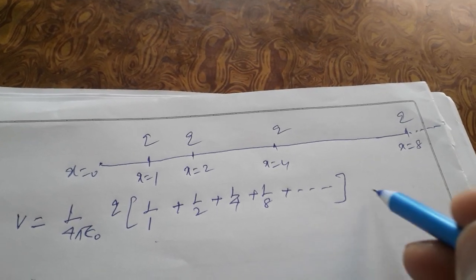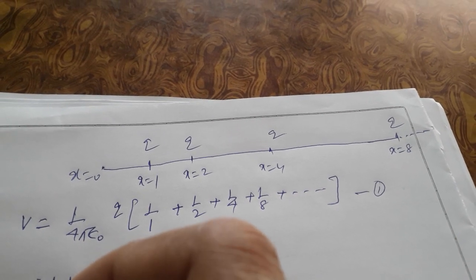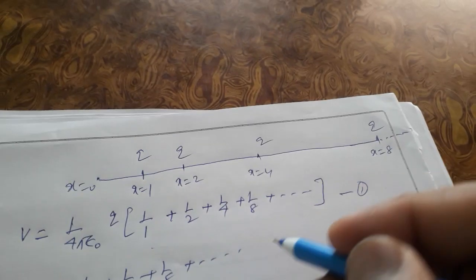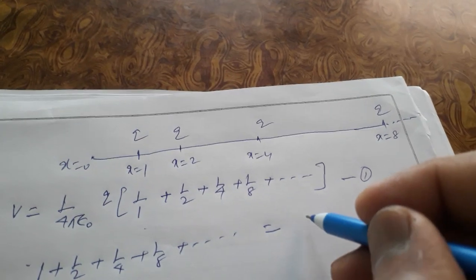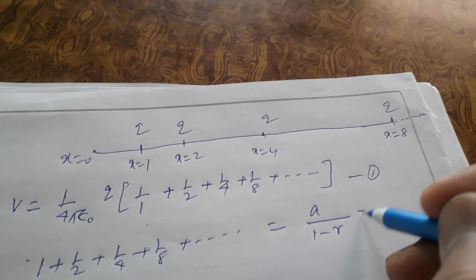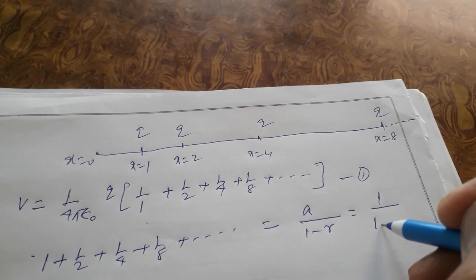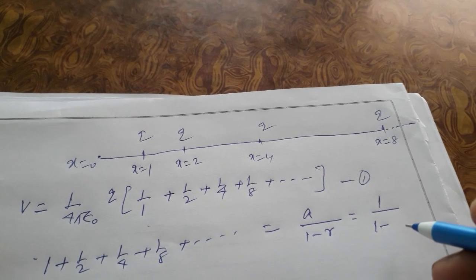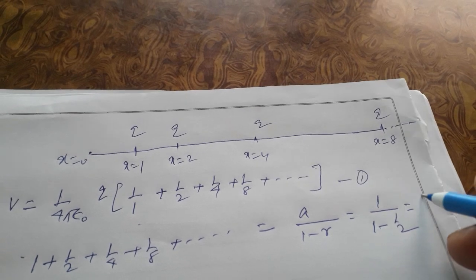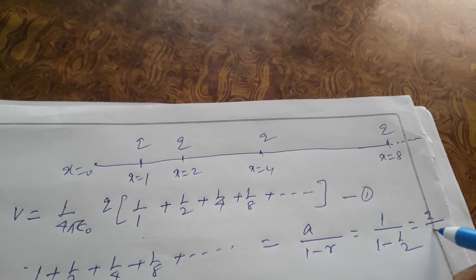First we will calculate the value of the infinite series: 1 plus 1 by 2 plus 1 by 4 plus 1 by 8 plus dot dot dot. We use the formula a by 1 minus r, where a is the first term, which is 1, and r is the common ratio, which is 1 by 2. So we get 2 by 1, that is 2.